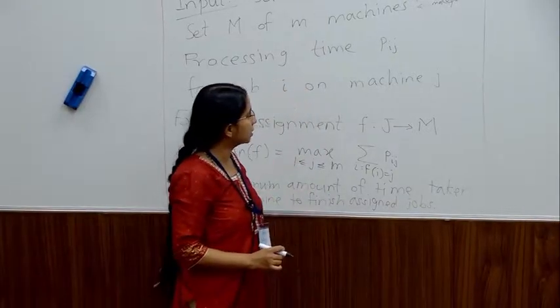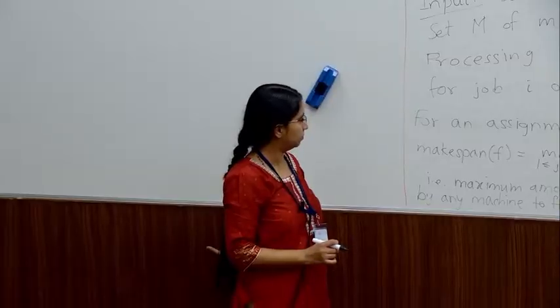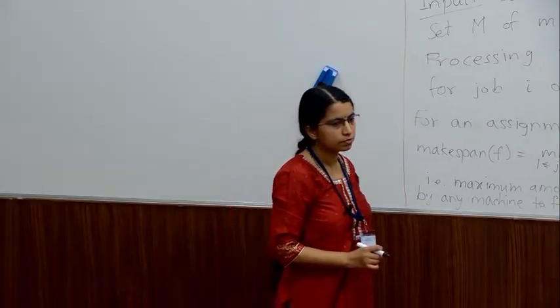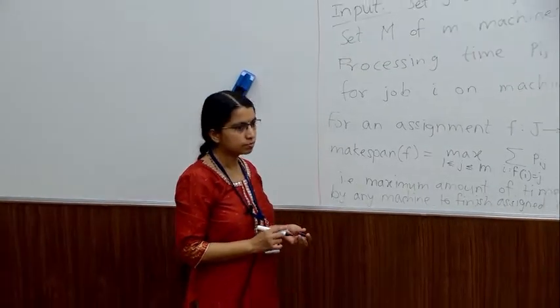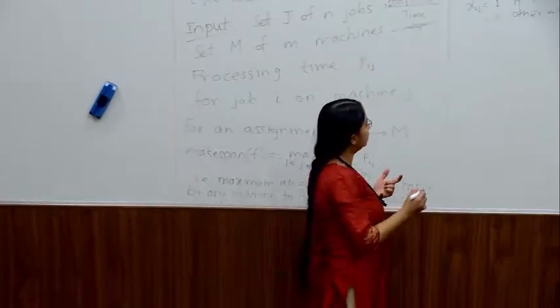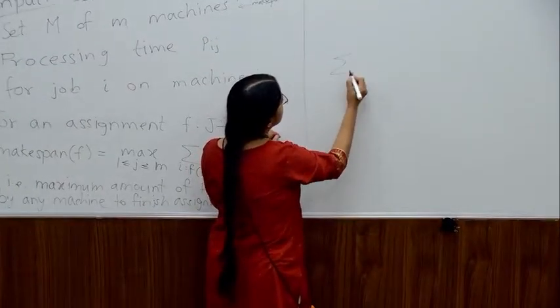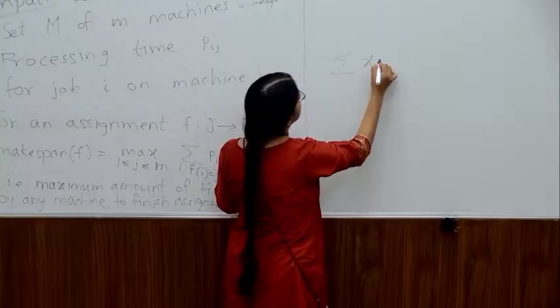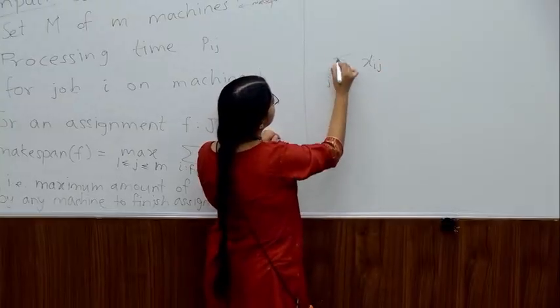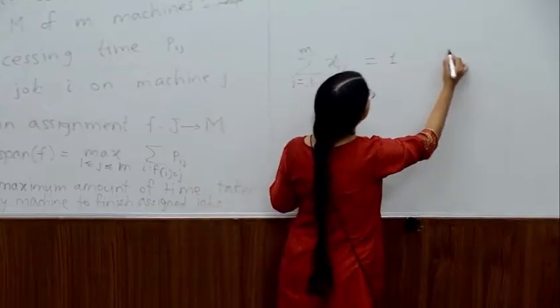So how do we write our constraints now? If you take a single i and sum over all j's, it should be exactly 1. Yes, so every job should get assigned to exactly one machine. So that will give us the constraint: summation over x_ij, where j goes from 1 to m, is exactly 1, and this is true for every job.